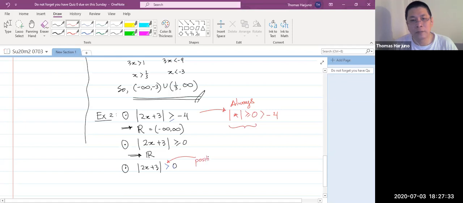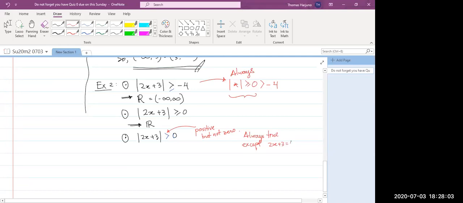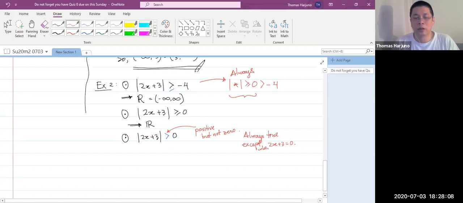Which is always true, except when it is equal to 0. It's always true, except when 2x plus 3 equals 0. That's when it is wrong.